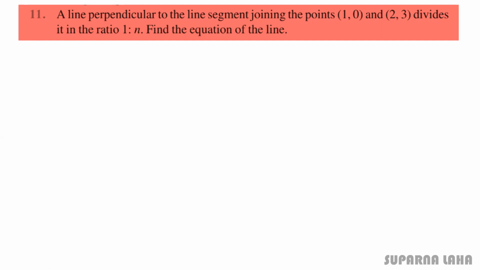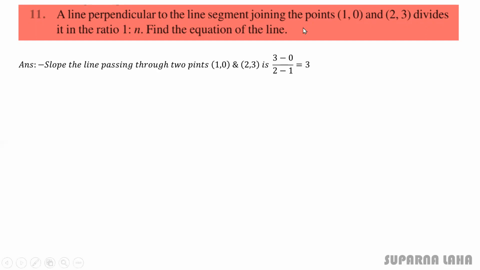If the line is dividing this segment in the 1:n ratio, you can find the point which divides the line in the 1:n ratio, right? So the point you can easily find, and since it is perpendicular, you can easily find the slope also.